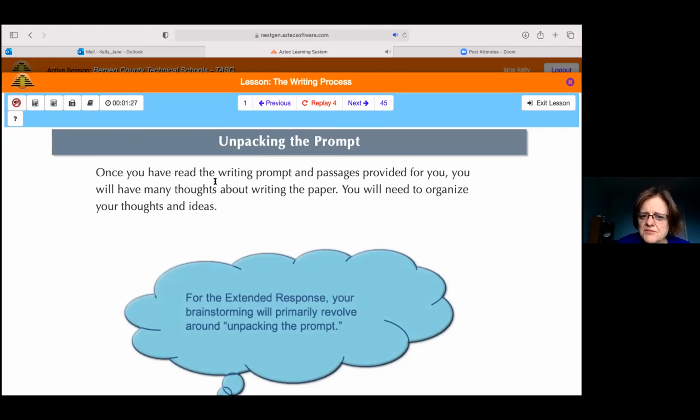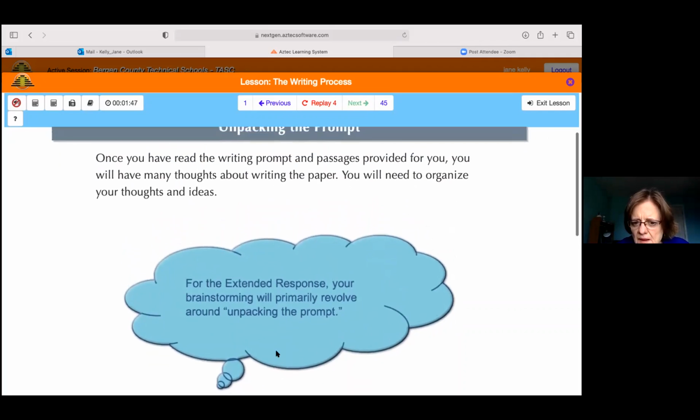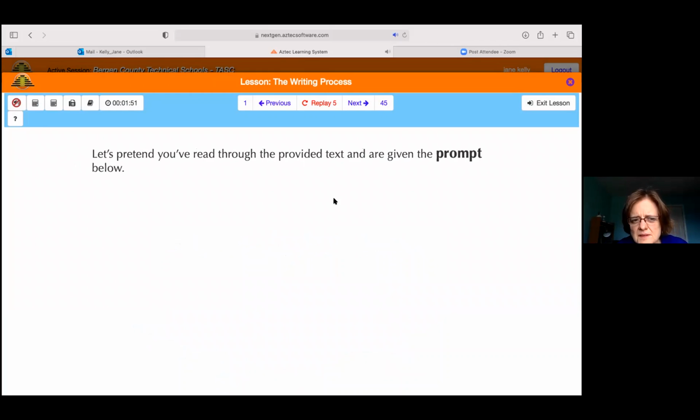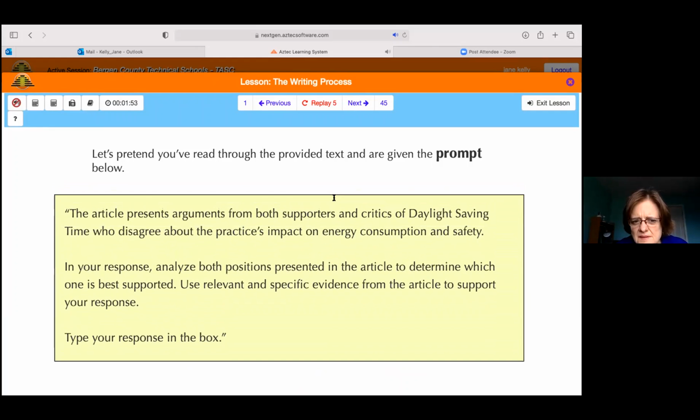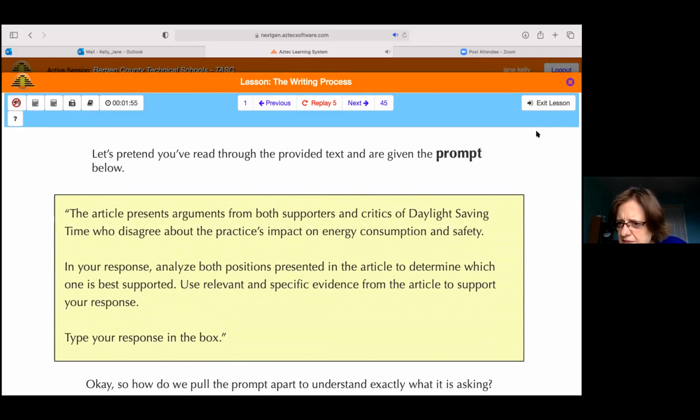It says, once you have read the writing prompt and passages provided for you, because many materials on the internet about writing essays are just about personal essay writing. Here's a topic and brainstorm ideas. And this one is saying you read some passages. Okay, and see how it's presented.